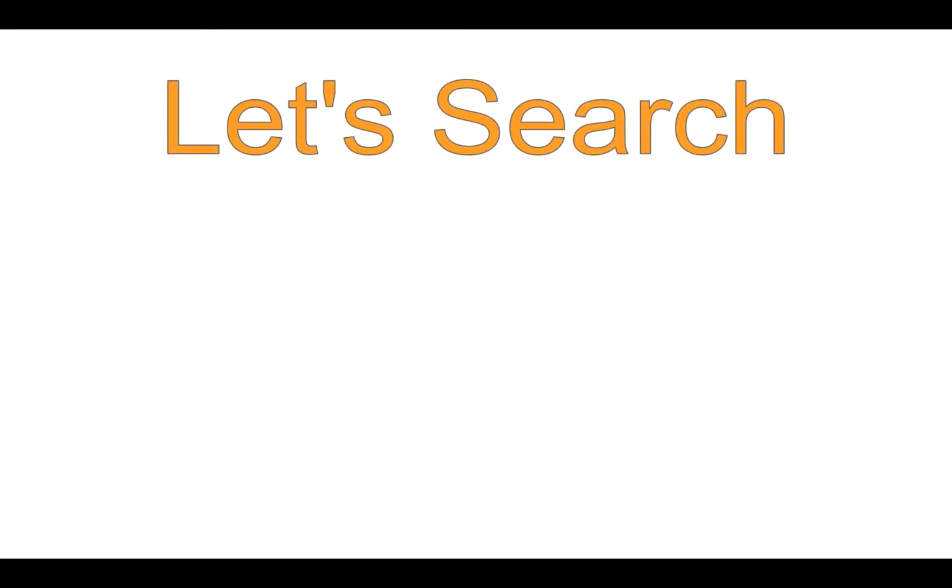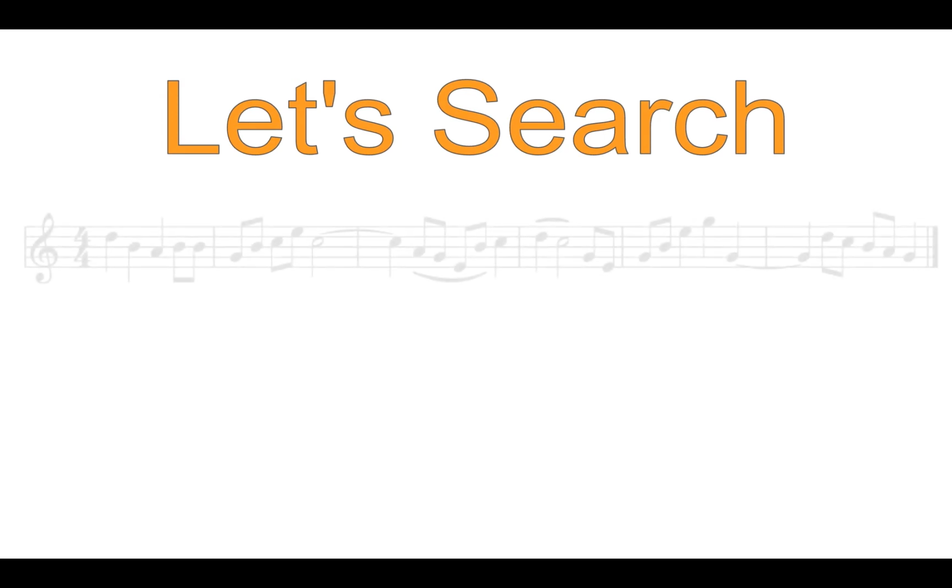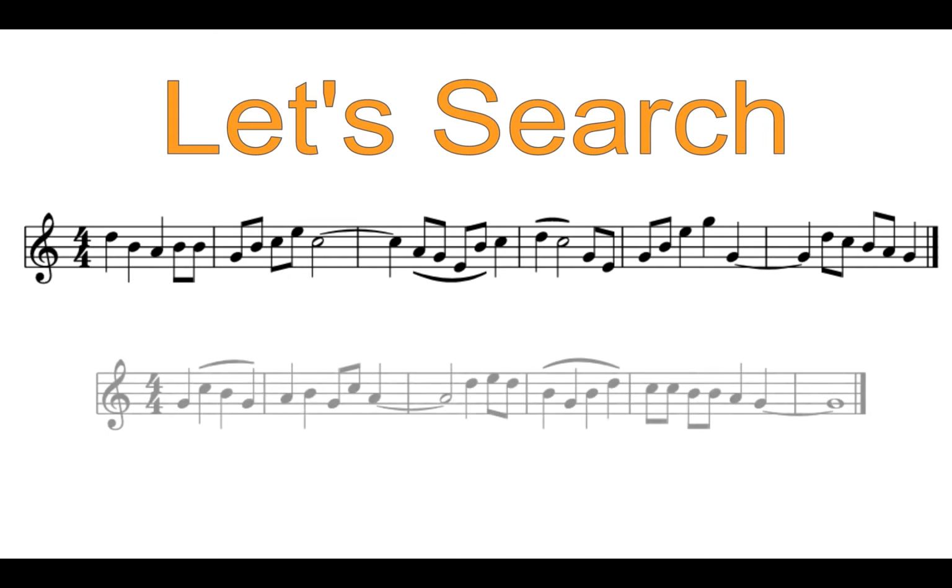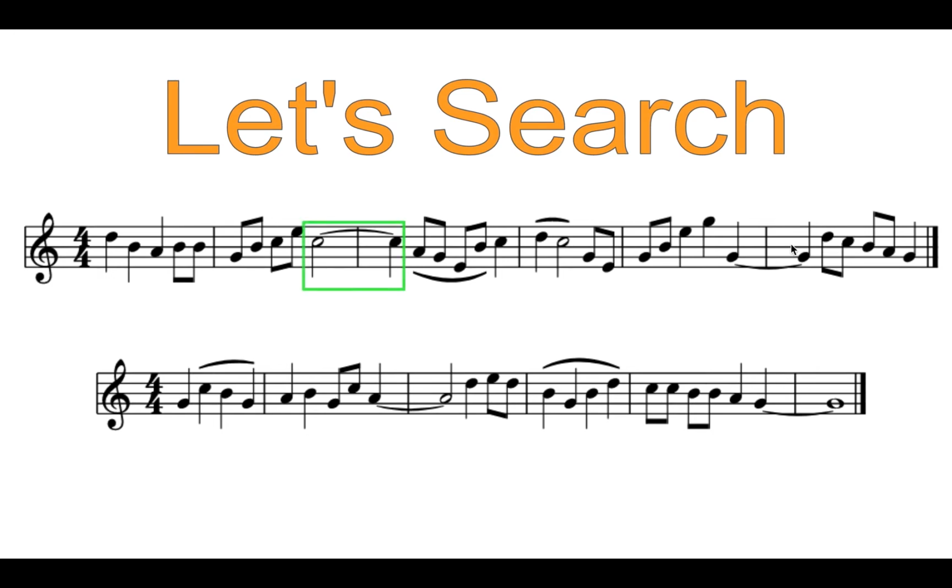We're going to do somewhat of a search. I've written out a few musical examples for us to see. It may look complicated, but all we have to do is focus on the arching lines like we said before. So let's take the green box to start. Does everybody see that? There's our arching line.